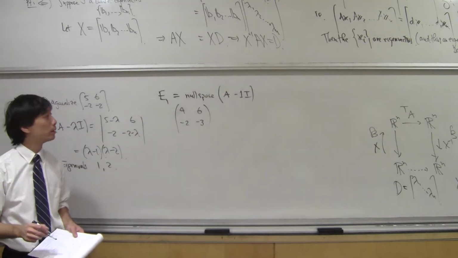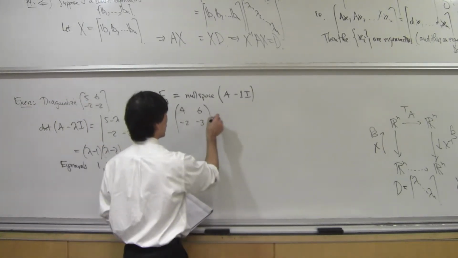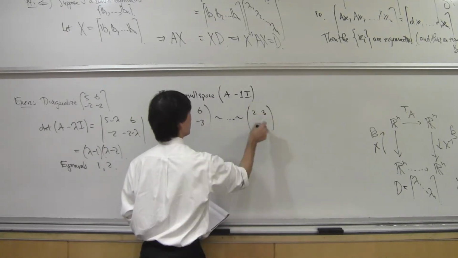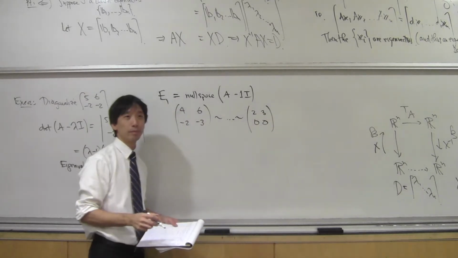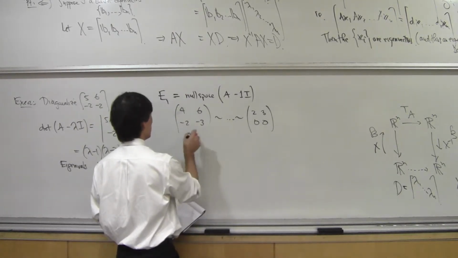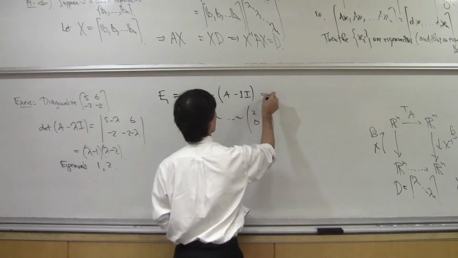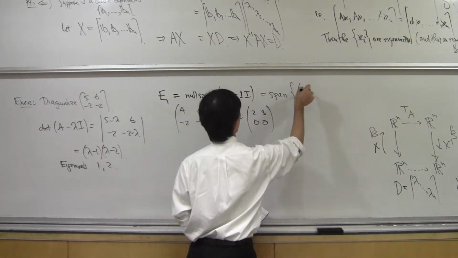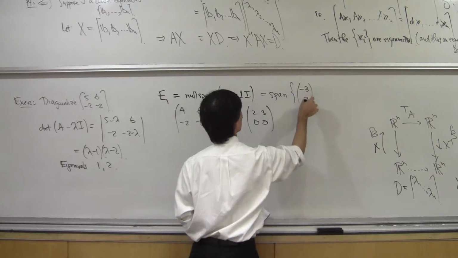You do your Gauss-Jordan reduction on it and you end up with 2, 3. And so the null space turns out to be the span of the single vector -3, 2.